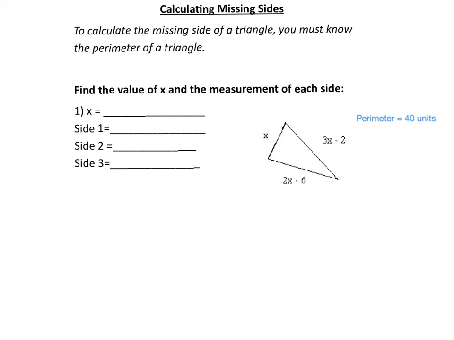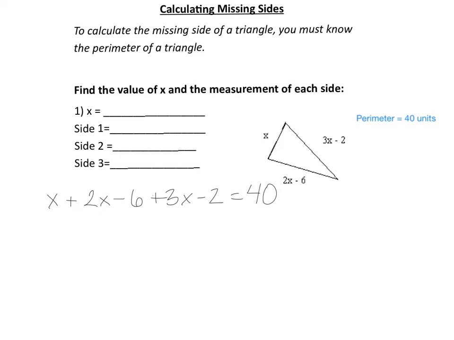So now let's go through and figure out what x equals. One side is x, one side is 2x minus 6, and one side is 3x minus 2. Order doesn't matter, and the total has to be 40 units.